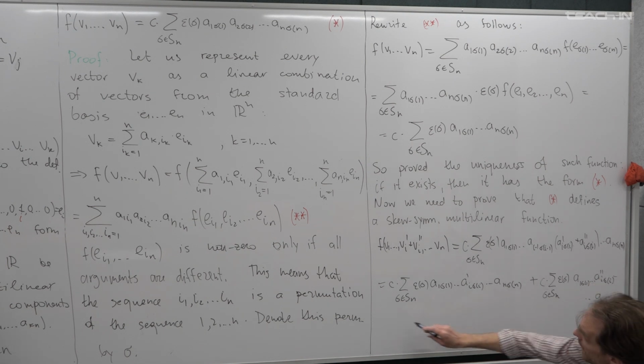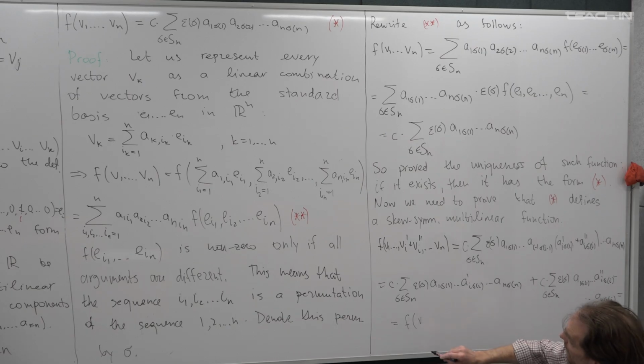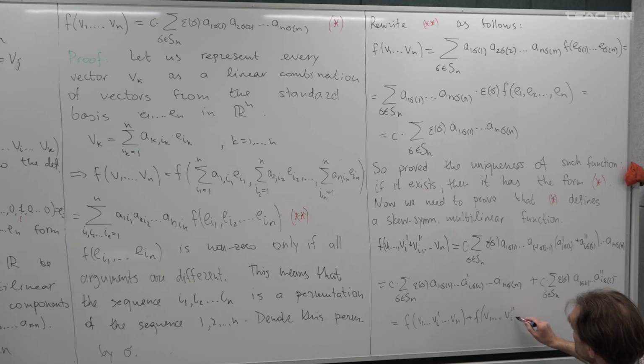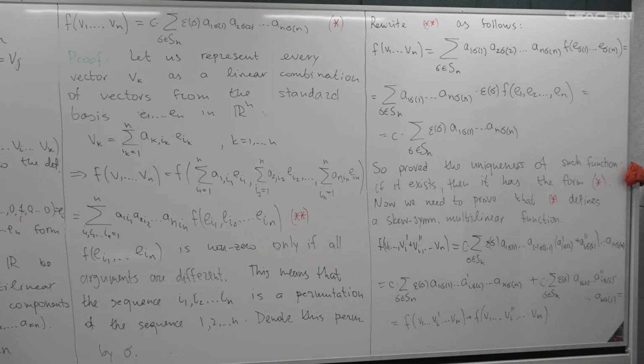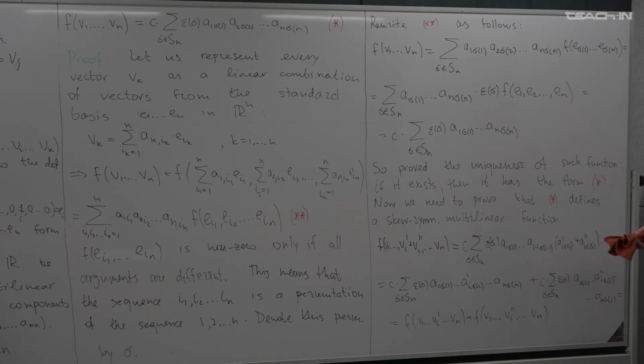So we see that this is exactly the sum of the values of our function on the sets of arguments v1, etc., v I prime vn plus f of v1, etc., v I double prime v n. So this proves that the first property is satisfied. And now we need to prove that the second property is satisfied as well.